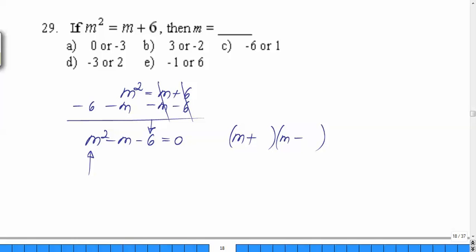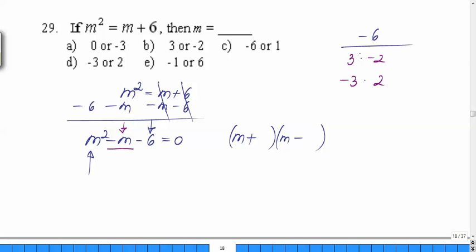And now looking for factors of negative 6 that will add up to negative 1, because now you're checking the middle term, which is basically the sum of the terms containing m after you multiply these two binomials. So I'm looking for factors of negative 6, and obviously you have 3 and negative 2, right? Because if they multiply, you get negative 6, and you have negative 3 and 2.